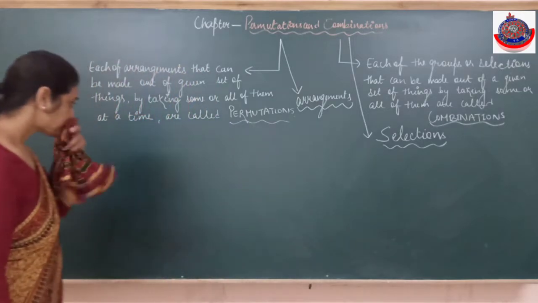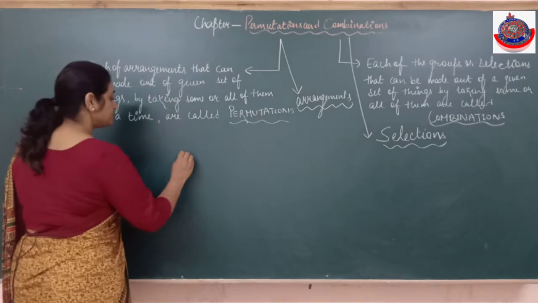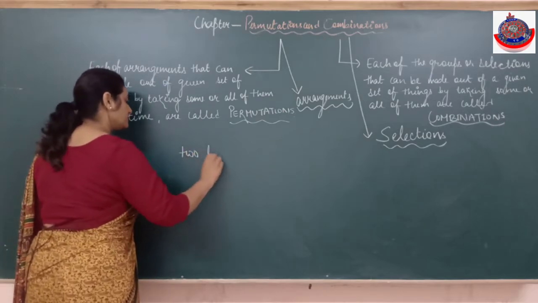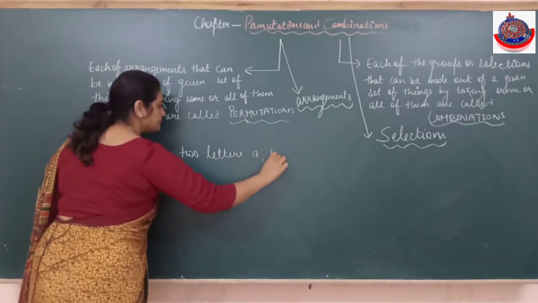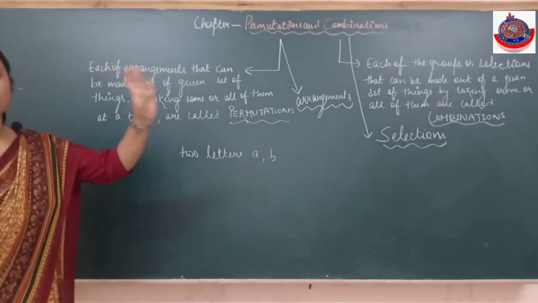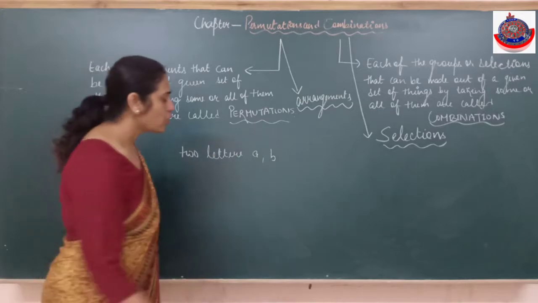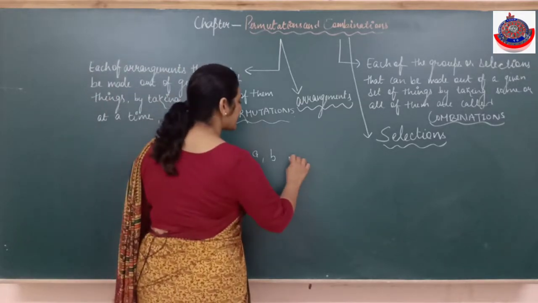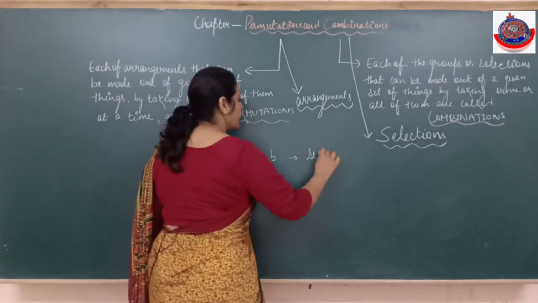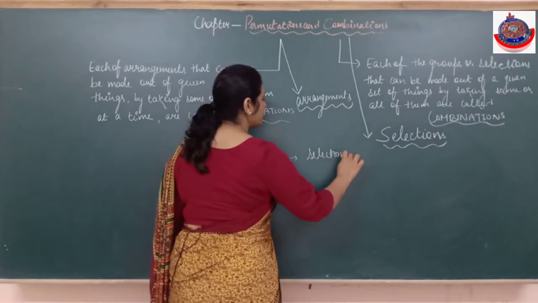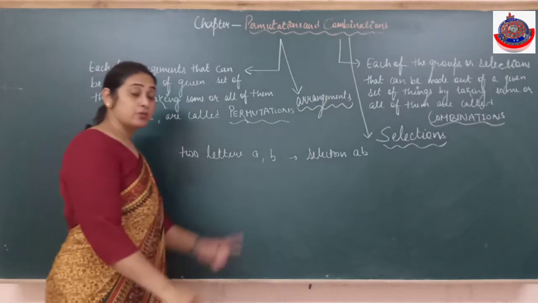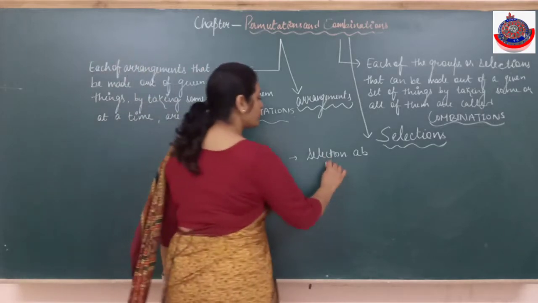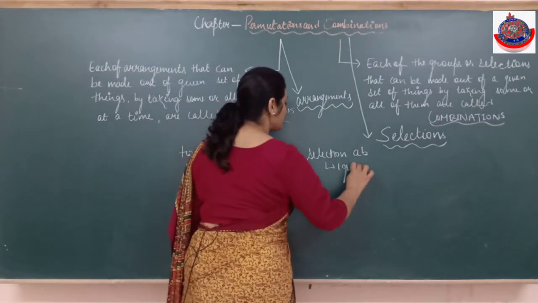For example, I have 2 letters, A and B. I have to choose 2. I have 2 options and I have to choose 2. So what will be my selection? I have chosen these 2 because I have to pick up 2 children. There are A and B, so AB. Selection is 1 group. I have chosen both.